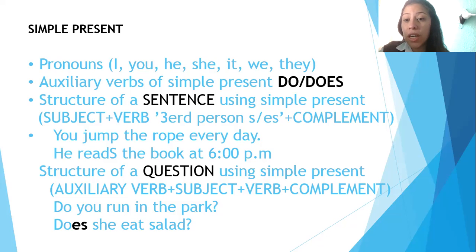Then we have the verb, and then the complement. So the structure is going to be, do you run in the park? Does he eat salad? Okay, why am I not using ES or S on the verb right here? Simple, it is because I'm using does, and does already has ES.